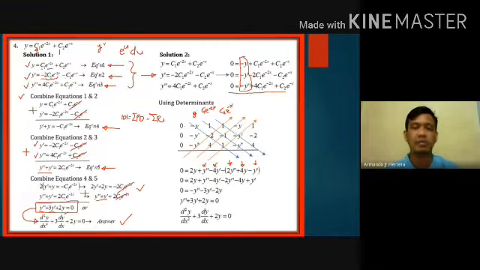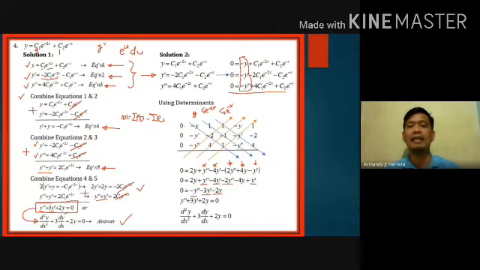y prime. So ang gagawin natin dito is to combine, of course, like terms. Y double prime minus 2y double prime is negative y double prime. Negative 4y prime plus y prime is negative 3y prime. Positive 2y minus 4y is negative 2y.